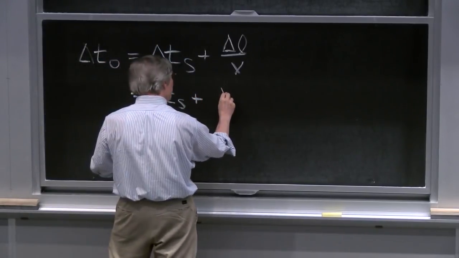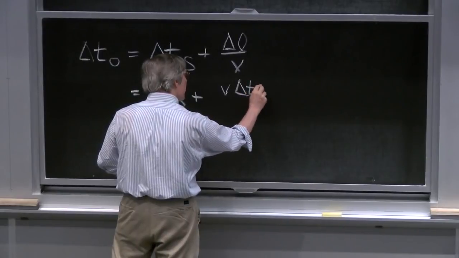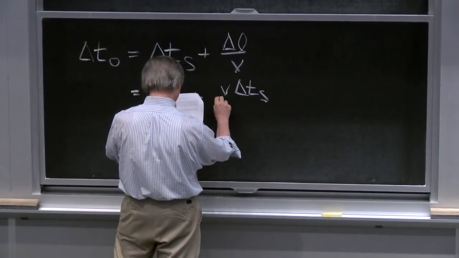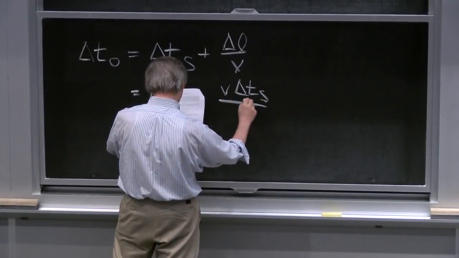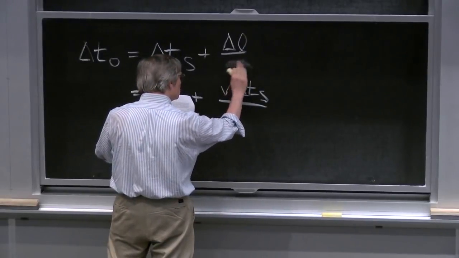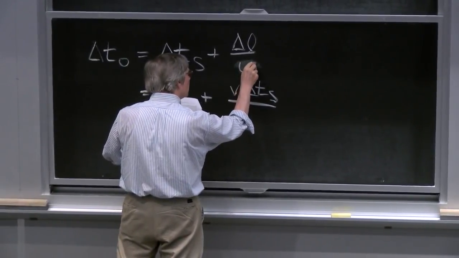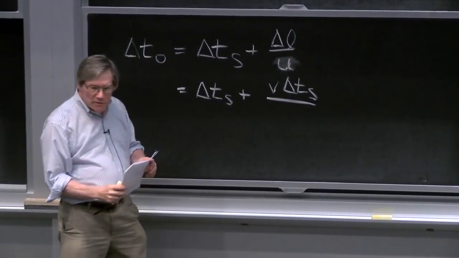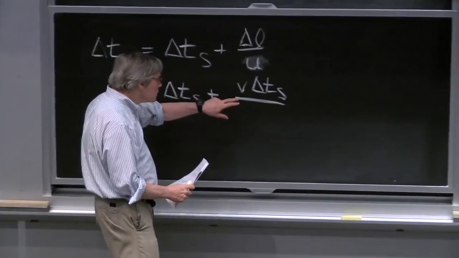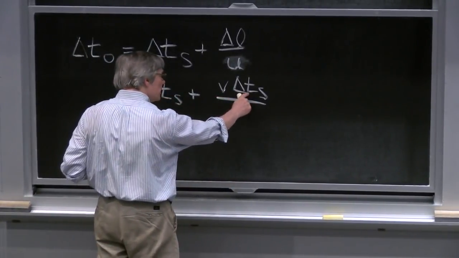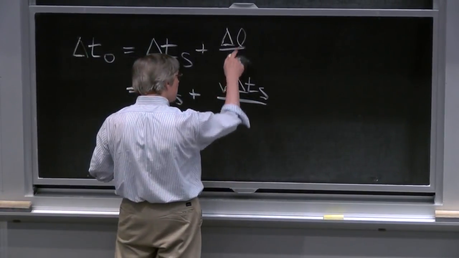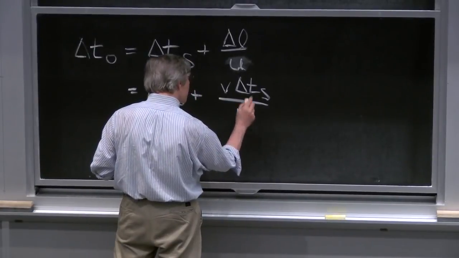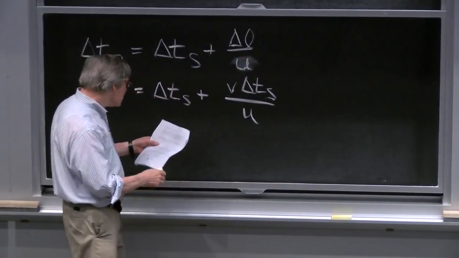Delta L is just v times delta t sub s. I'm sorry, this is divided by u. U is the speed of the wave, v is the speed of the source. So here we have in the numerator v times delta t sub s, and the denominator is u, where this is just what we said delta L is.